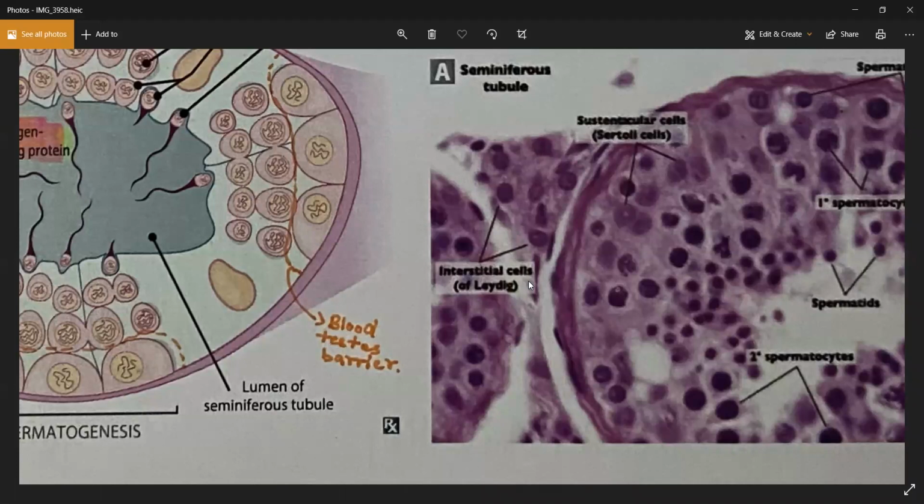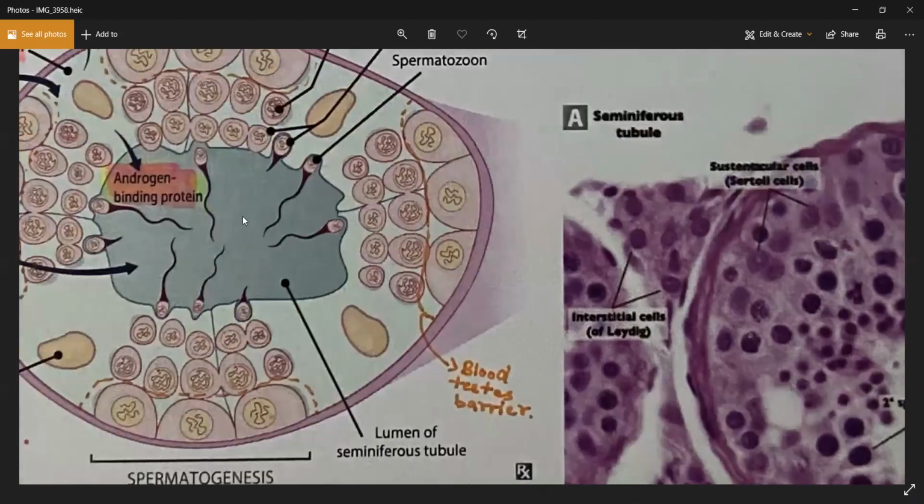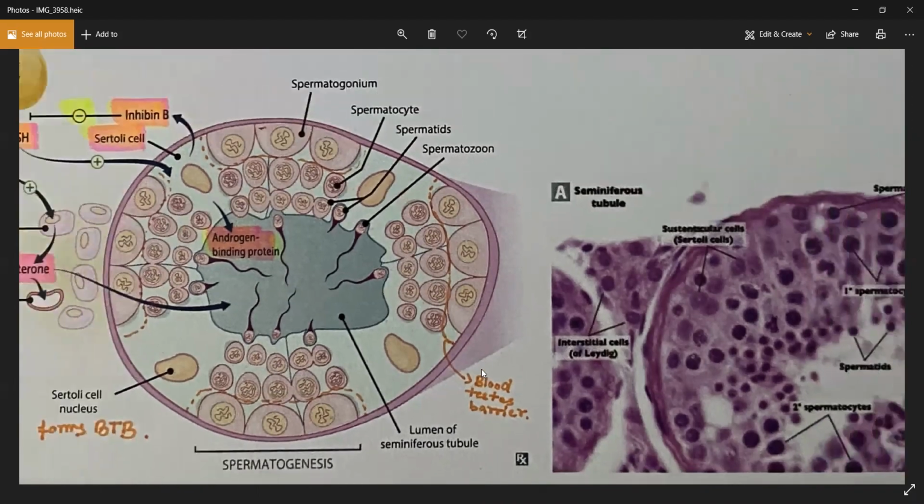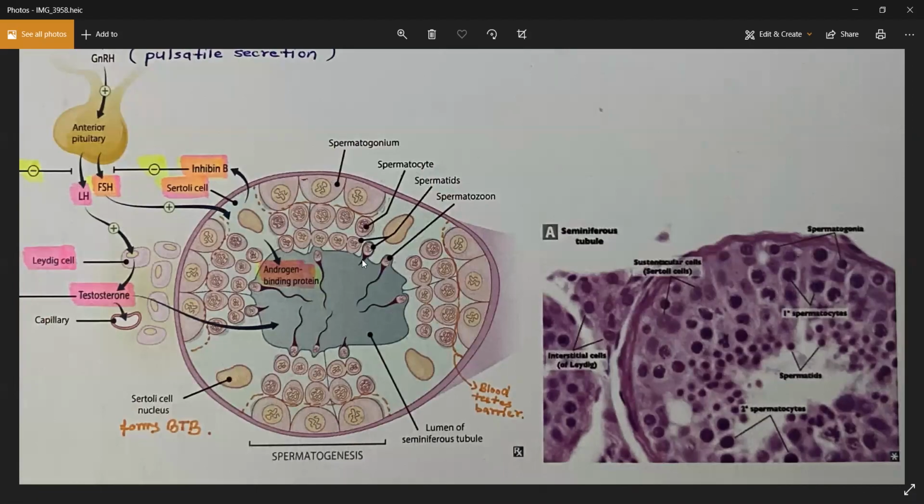So only two types of cell are in the seminiferous tubule, the Sertoli cells and the spermatogonia. And the inner circle inside is the lumen, where the sperms are transported, because the seminiferous tubules are nothing but tubes, so they will have a hollow space inside them.